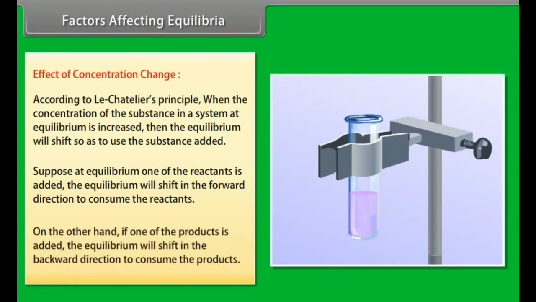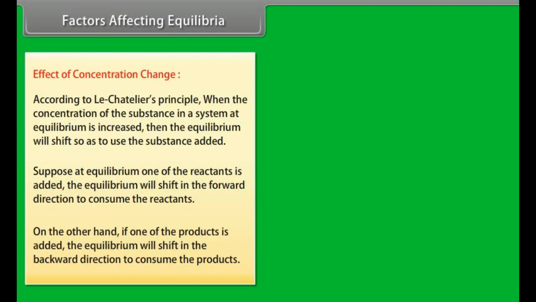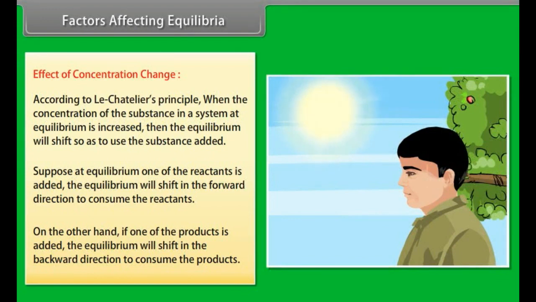On the other hand, if one of the products is added, the equilibrium will shift in the backward direction to consume the products. For example, on a humid day, we sweat more. The sweating on a humid day is more because the surrounding air has a large amount of water vapor and our body cannot lose water as vapor.